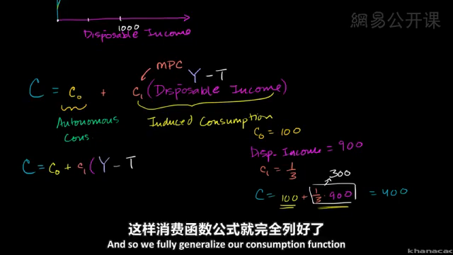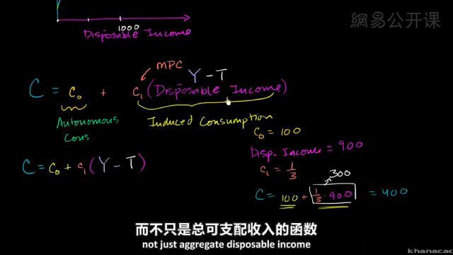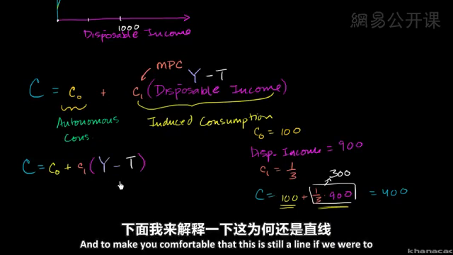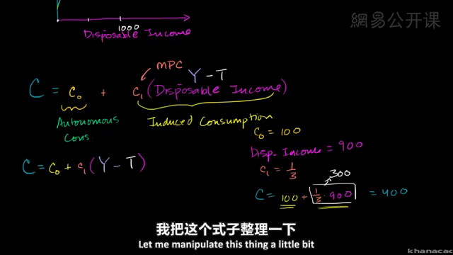And so we've fully generalized our consumption function, and now we've written it as a function of aggregate income, not just aggregate disposable income. And to make you comfortable that this is still a line, if we were to plot it as a function of aggregate income instead of disposable income, let me manipulate this a little bit.